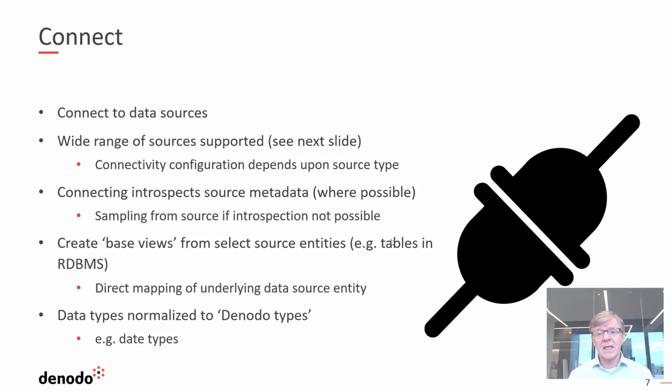Then it'll read the second line and say, okay, I'm going to try and work out what types are associated with each of those columns. So it will sample the data to try and work out what the schema is to build the base view. So the base view is, like I said, a direct representation of that underlying data entity, table, file, etc.